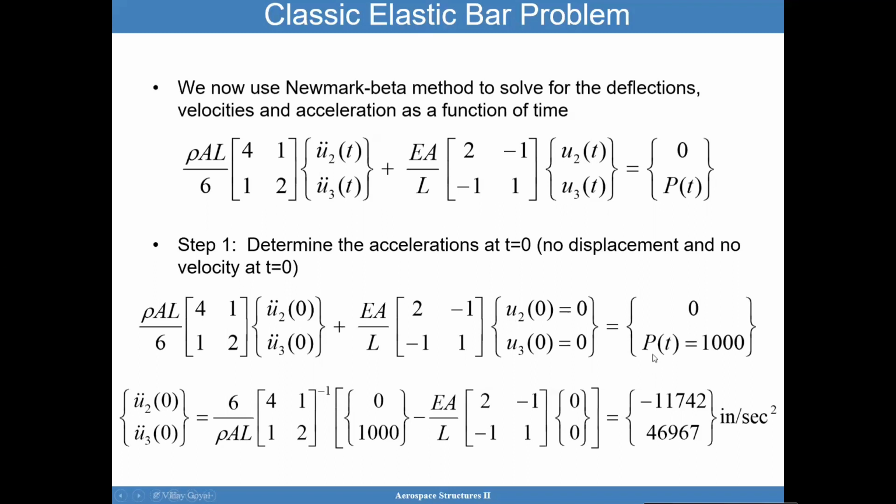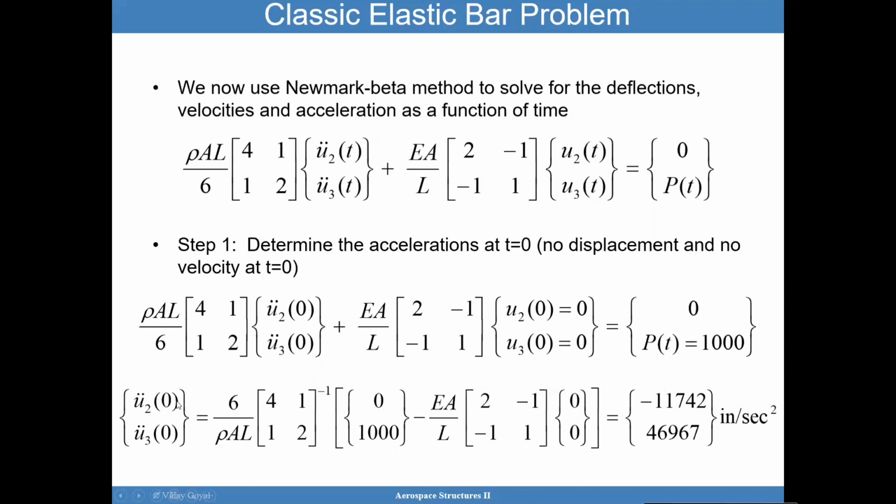And I want to apply a force of 1,000 pounds. And given this information, you can then find the accelerations fairly simply by inverting the mass matrix in this manner. And then all this is known. And so you get the accelerations.